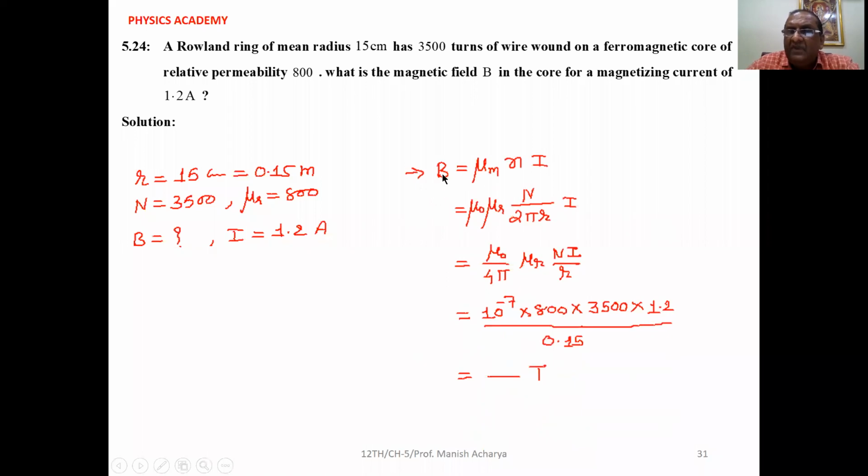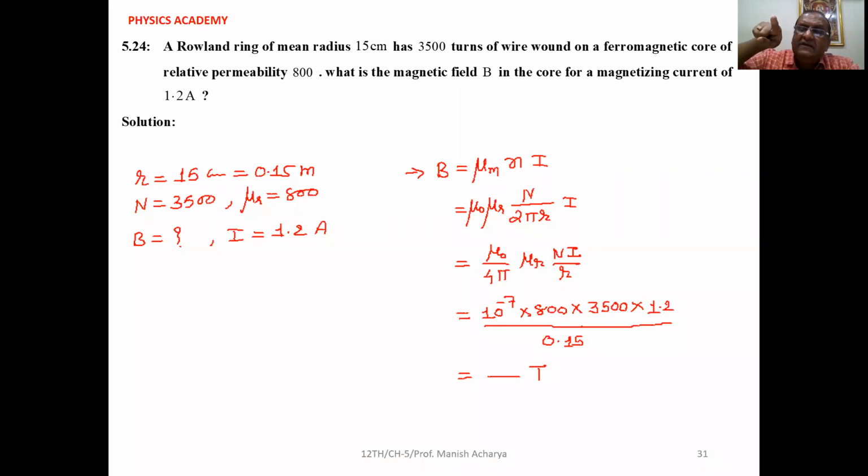Now B, that is equal to mu of material, means permeability of the core material, n into I. But mu, that is mu 0 mu r. Mu r, that is relative permeability of that material. Okay. So mu 0 mu r. Small n, that is the number of turns per unit length. This total number of turns, capital N, are wound on the toroid.